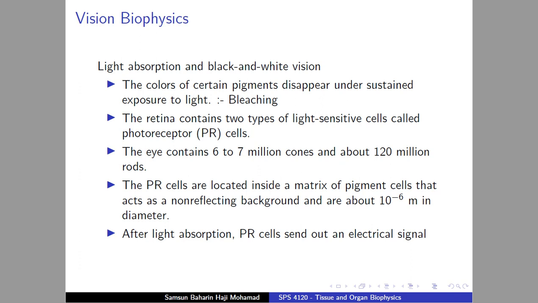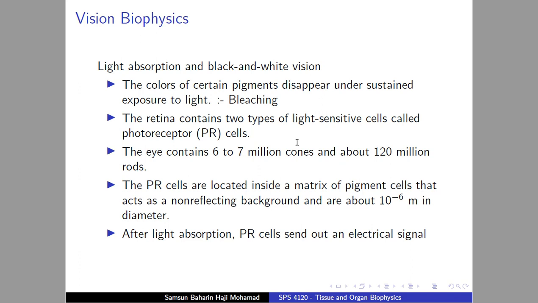Okay, so the retina contains two types of light sensitive cells called photoreceptor (PR) cells. The eye contains 6 to 7 million cones and about 120 million rods. 7 million cones are for high intensity light and 120 million rods for low intensity light.